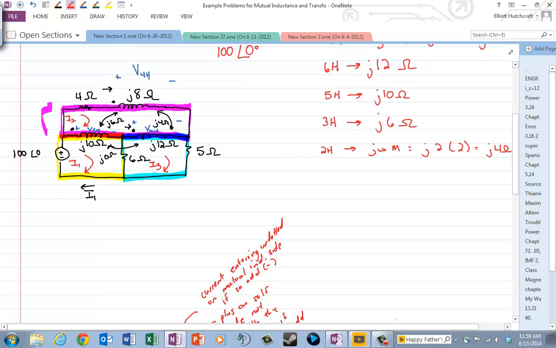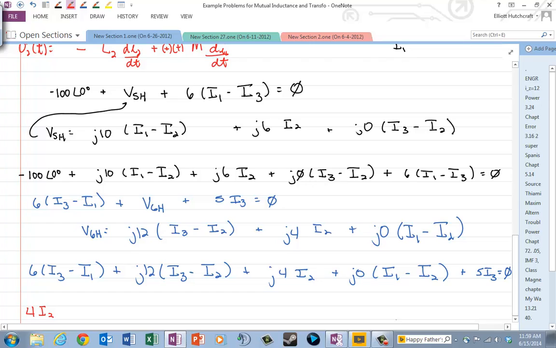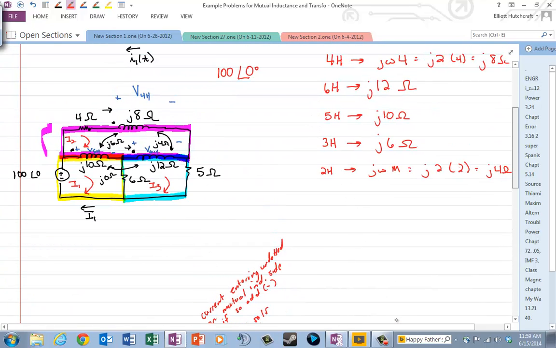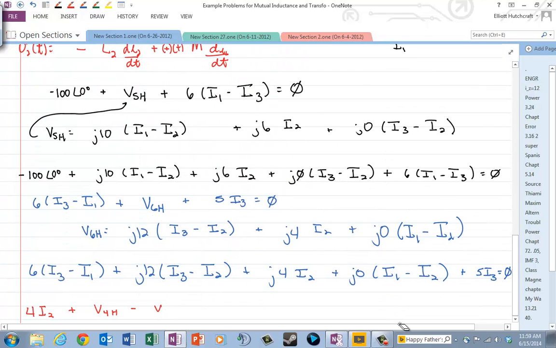So what I would do is just label it those voltages. Don't mess yourself up. So I would just say plus V4 Henry minus V5 Henry. Is that the right one? Excuse me, I should say minus V6 Henry and then minus V5 Henry, if we're going clockwise around that loop. Sum those up and I get 0.